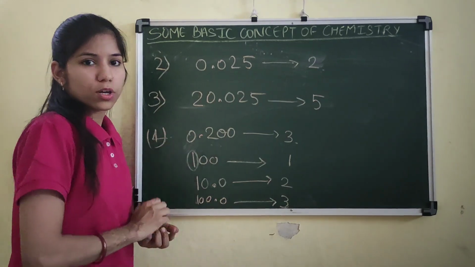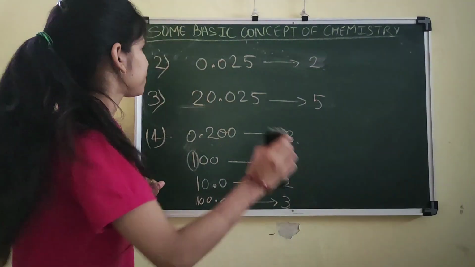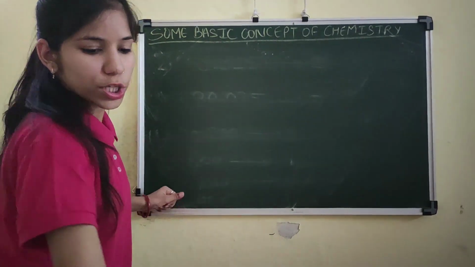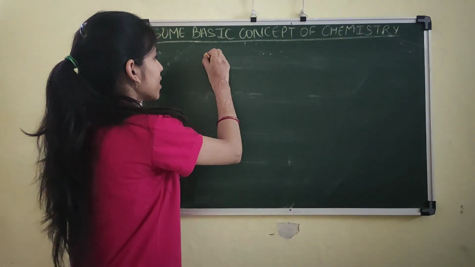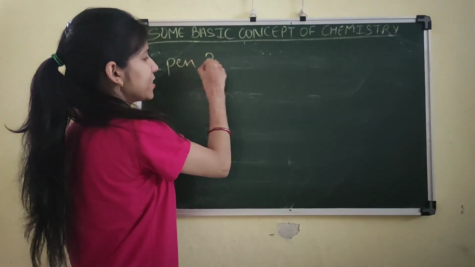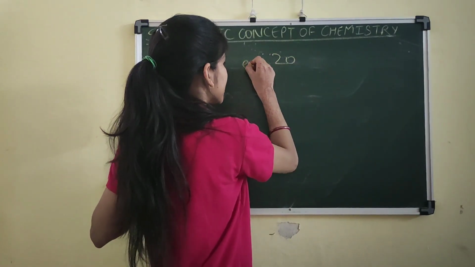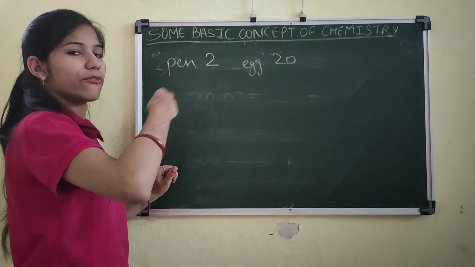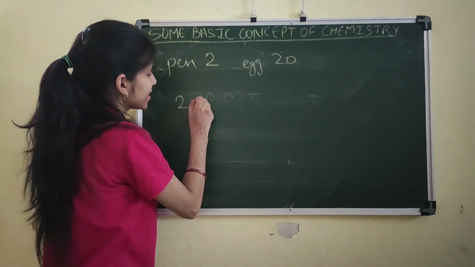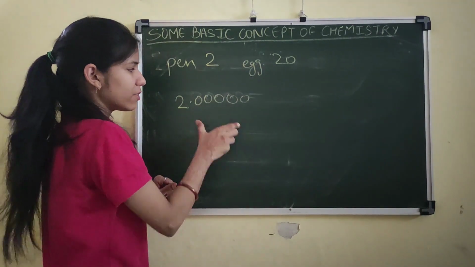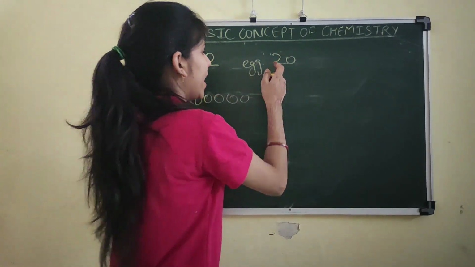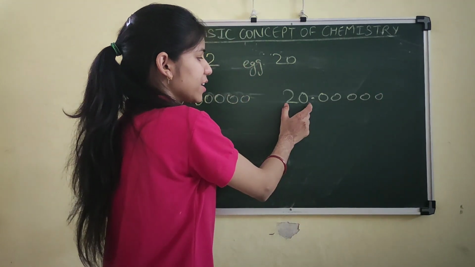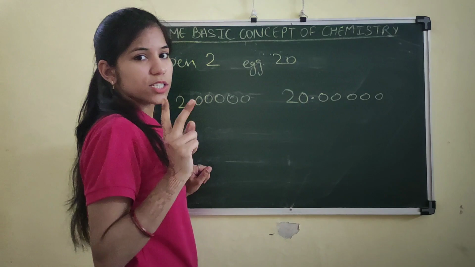And the next rule is, if there are exact numbers, like 2 pens or 20 eggs, this can be written with a decimal and infinite zeros to the right, like 2.00000 and 20.00000. So the significant figures are not limited by these exact numbers.